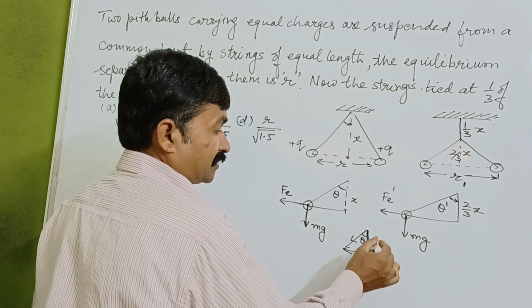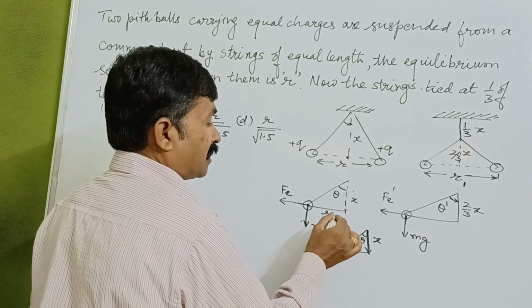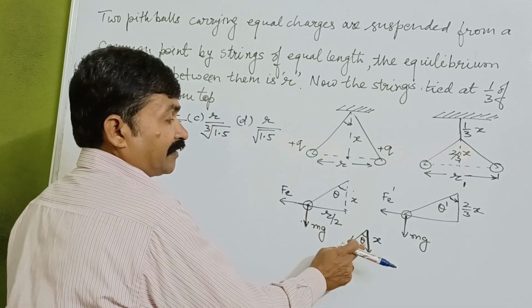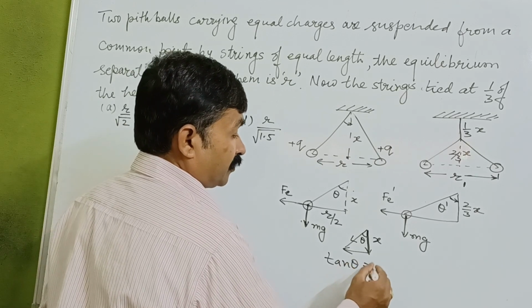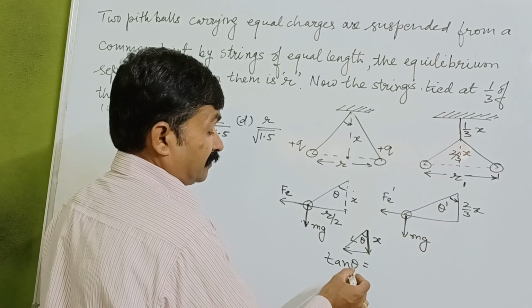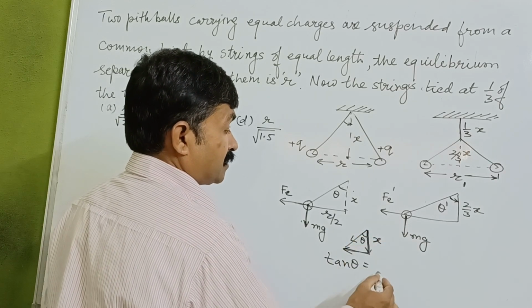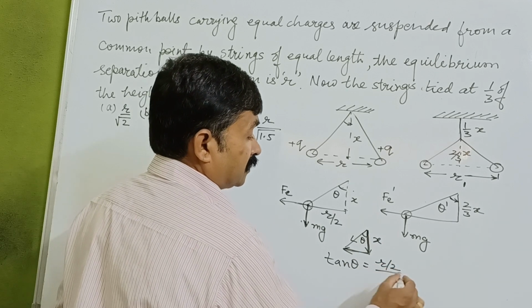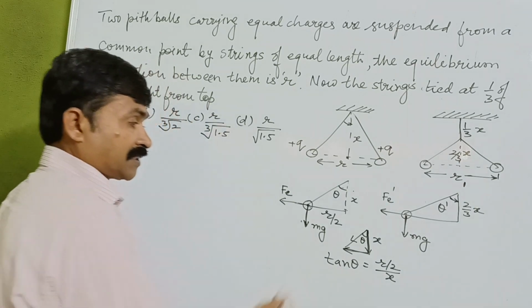So if we take this distance, given to us as x, and this separation as r by 2, it will give you tan theta. Tan theta will be equal to perpendicular upon base, that is r upon 2 upon x. So we have this relation for tan theta.